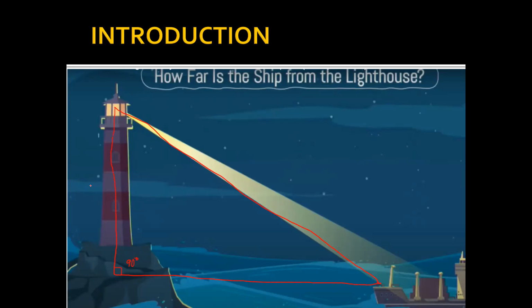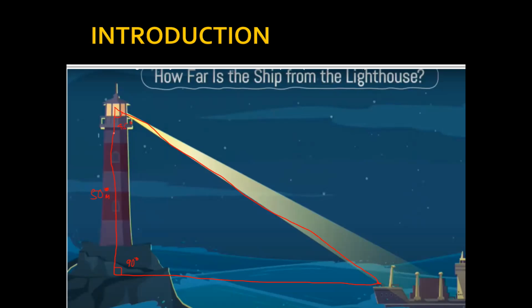Let's suppose we know the height of this lighthouse. Let's suppose this is 50 meter. And that angle is 45 degree, because if a person is rotating that light, he knows the angle. So if we know two things, one angle and one side, then we can find the distance, and we need to find this distance.